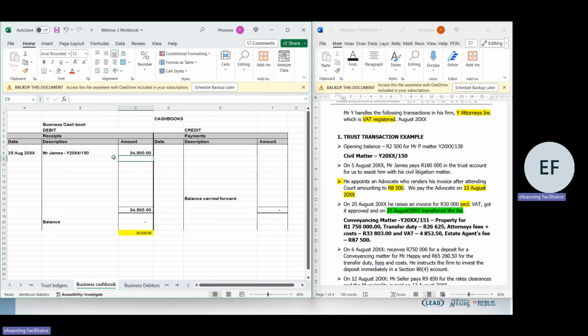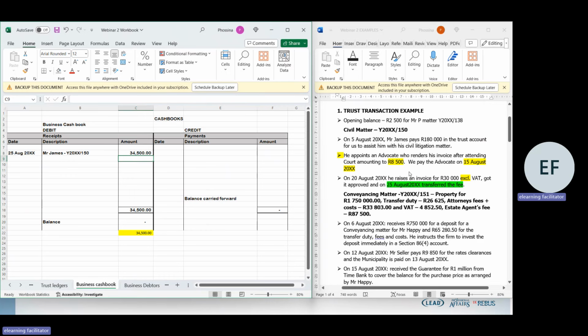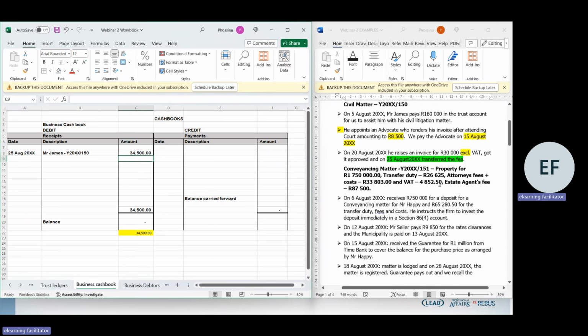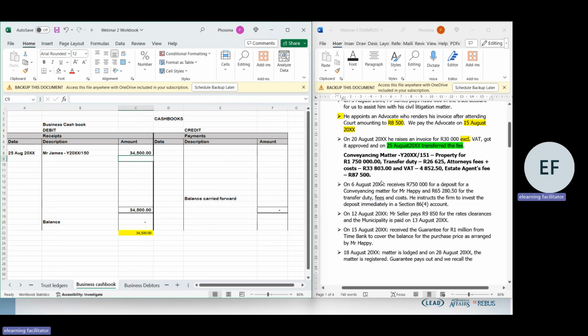As we are given business transactions, that's when we start utilizing our fee for the benefit of the practice, for the benefit of the directors. Okay, so that transaction of the civil matter, we've completely recorded it. Let's move on to the conveyancing matter.